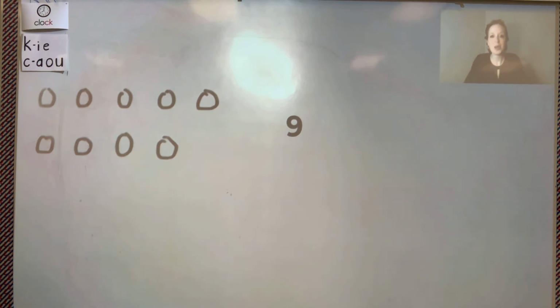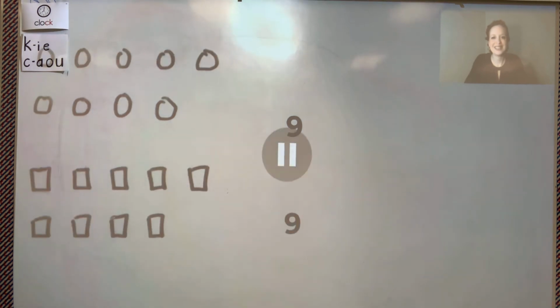Now, show as many squares as circles and write the number next to the squares. Pause the video and press play once you've done this. So now you're going to draw as many squares as circles and write the number.